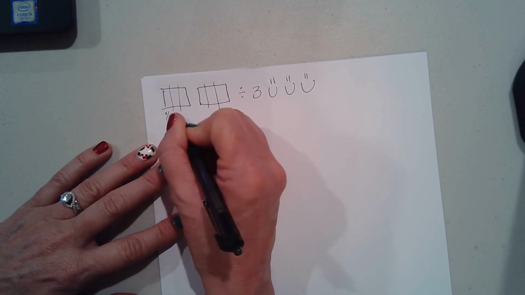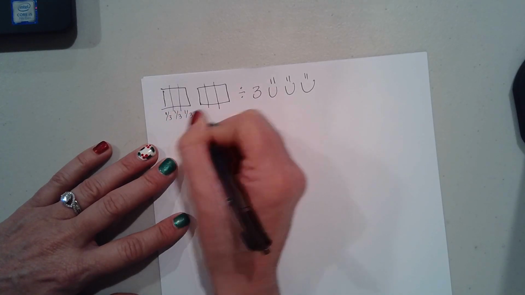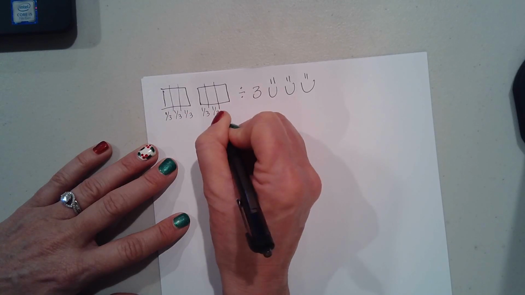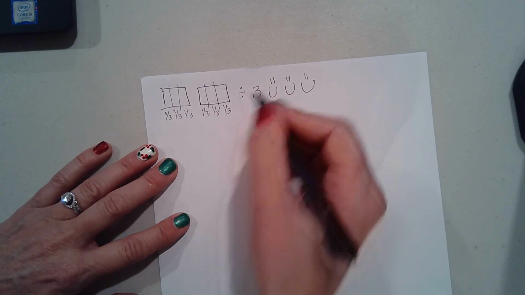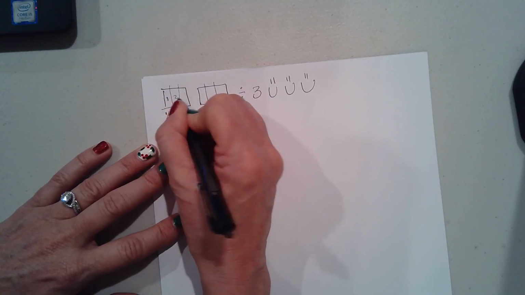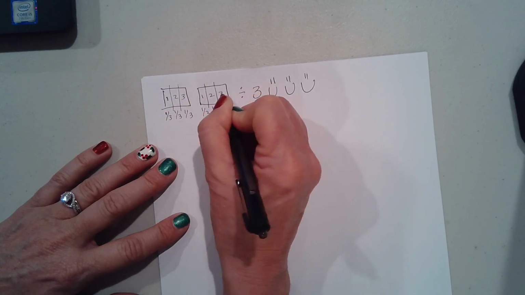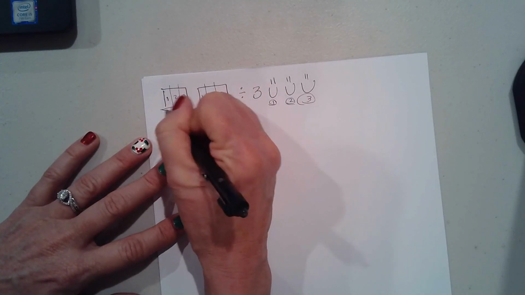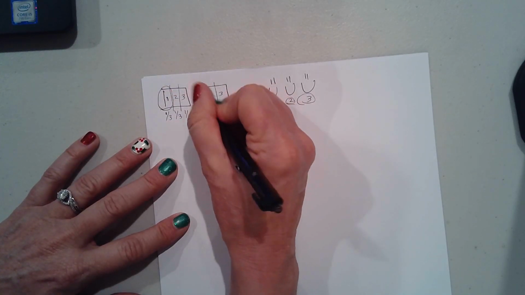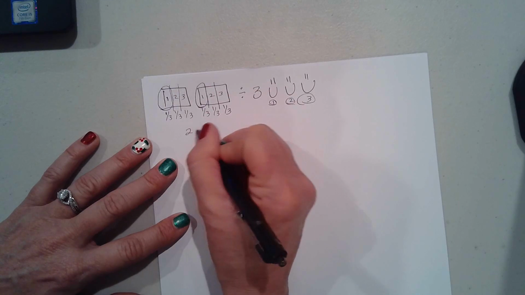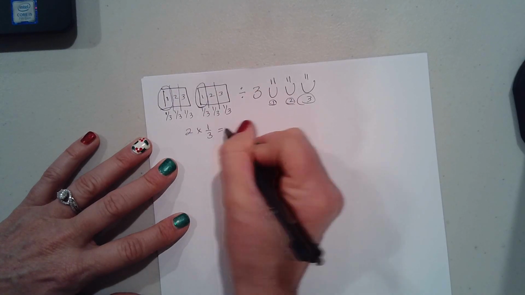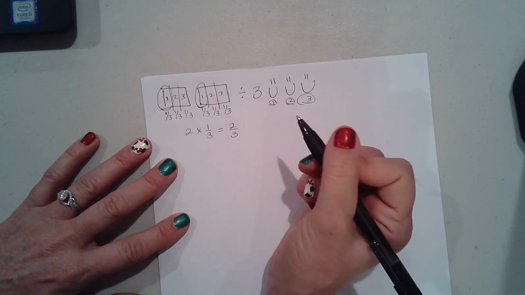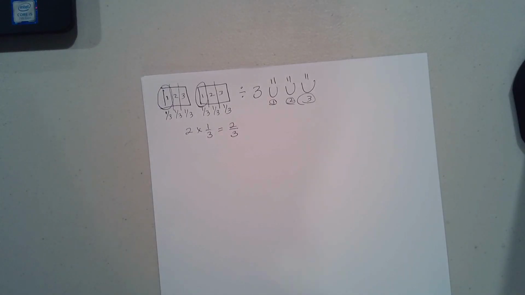So each person receives 1/3 and 1/3. So 2 times 1/3 is 2/3. So 2 divided by 3 is the same as 2/3.